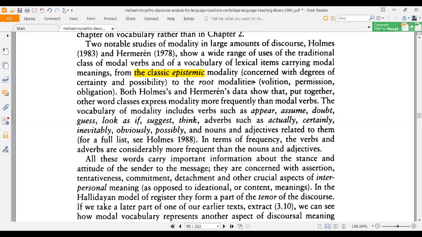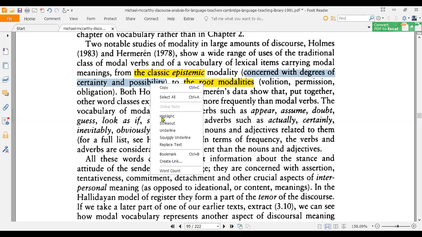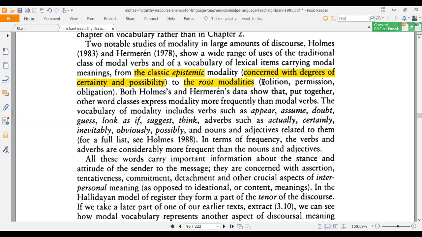And we have the root modalities, as said in the previous lesson, also called intrinsic. They include volition, permission, and obligation. Let's highlight classic epistemic modality and root modalities.